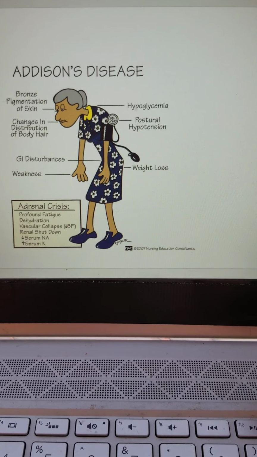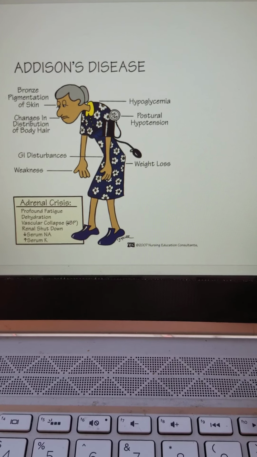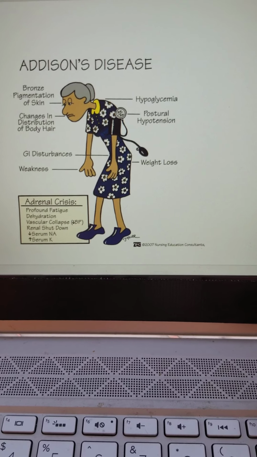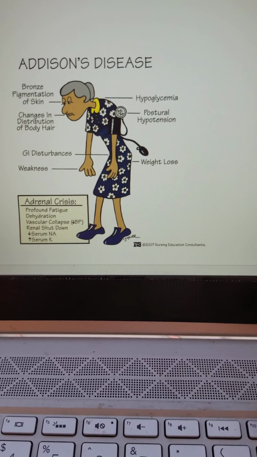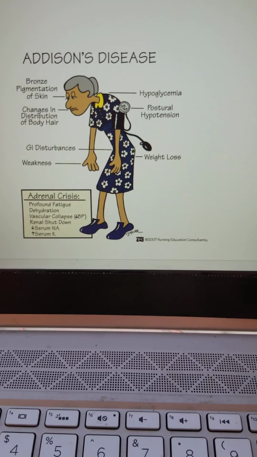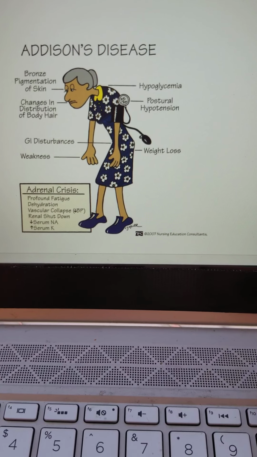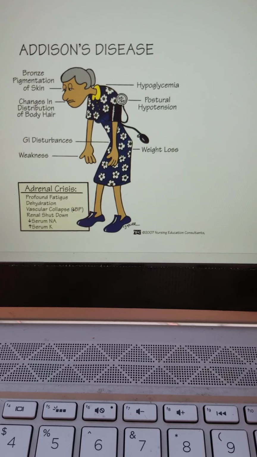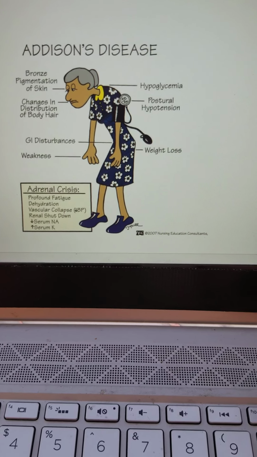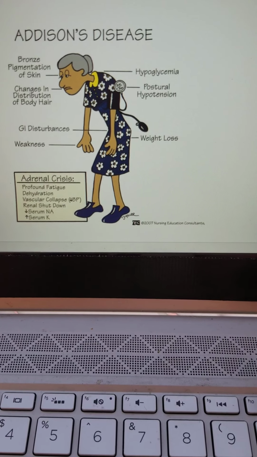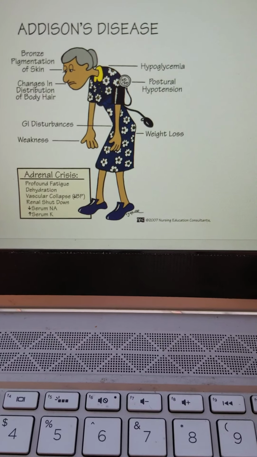You also get this bronze pigmentation of skin, hyperpigmentation, changes in distribution of body hair, hypoglycemia, postural hypotension, the orthostatic blood pressure changes, GI disturbances, weakness, weight loss.